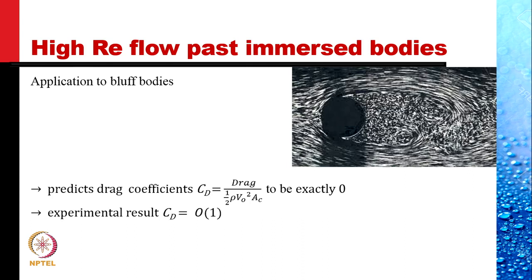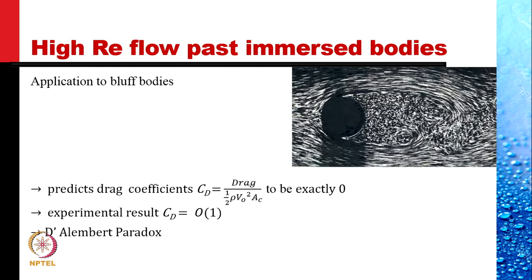For bluff bodies, like a cylinder or a sphere, the drag coefficient is of order 1. So, our approximation appears to be breaking down.